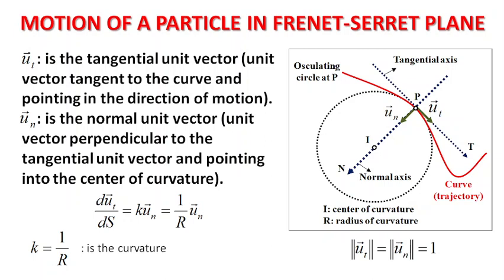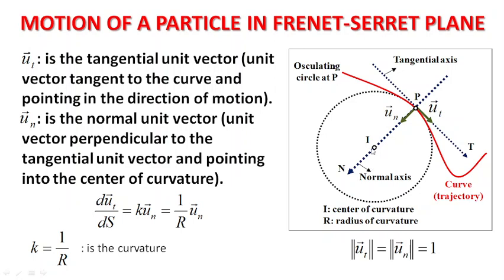This plane is formed of two axes, T, the tangential axis, and N, the normal axis. Now, we can approximate this curve at P, or near to P, by a circle called the osculating circle.